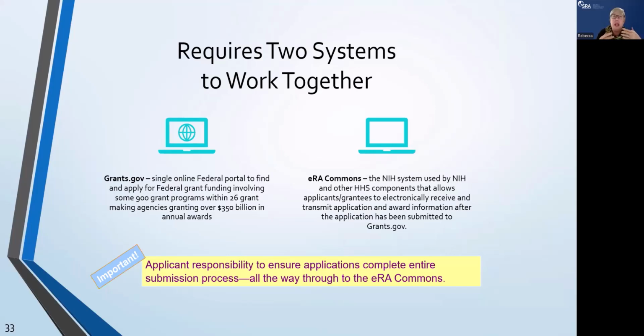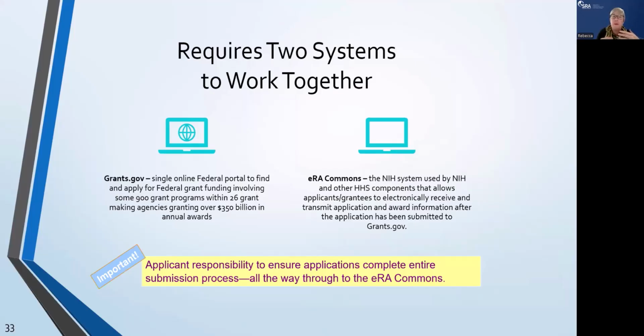NIH uses it, and several of the other HHS units use it. It allows the application to be checked to make sure it adheres to what NIH needs.